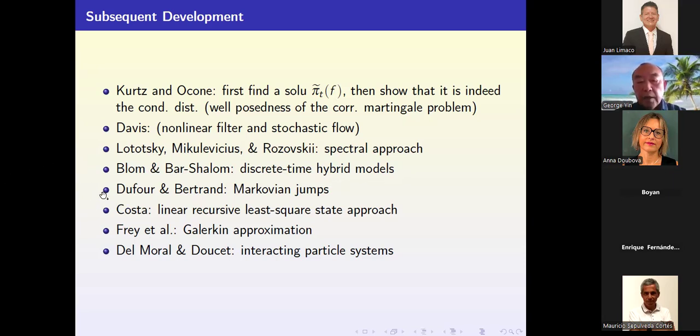My colleague and friend Francois Dufour from France treated Markovian jumps. Also, Costas did the linear recursive least squares state approach. I think he was a student of Mark Davis or Clark. There is also Galerkin approximation.